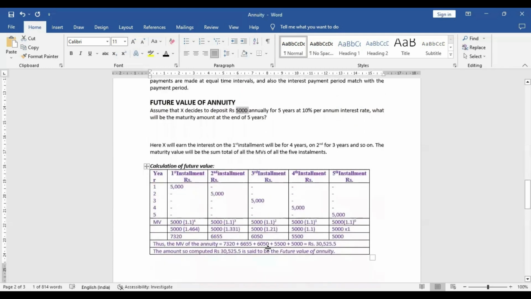See how we have done this. The installment of 5,000 at the end of the 1st year, 5,000 the 2nd year, 5,000 the 3rd year, 4th year, and 5th year. Now, as you are aware, 10% interest is given. So this amount of 5,000 will be deposited for 4 years, 2nd year, 3rd year, 4th year, and 5th year.